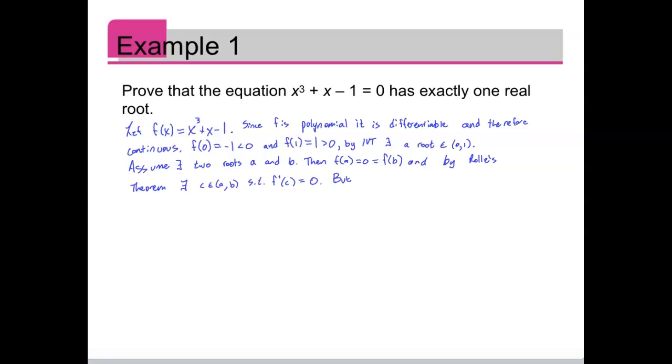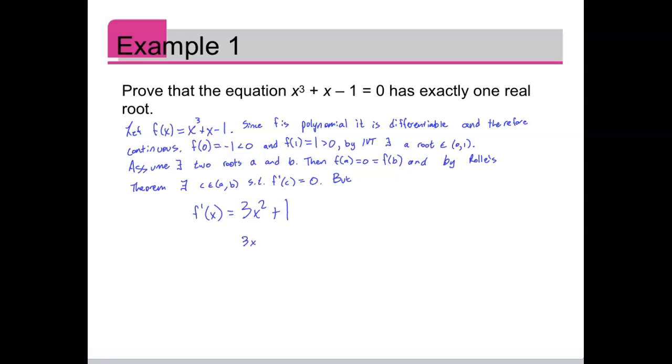But if we take the derivative of our function, we get 3x squared plus 1. Which, if you try to set equal to 0 and solve, does not give you back any real values, right?